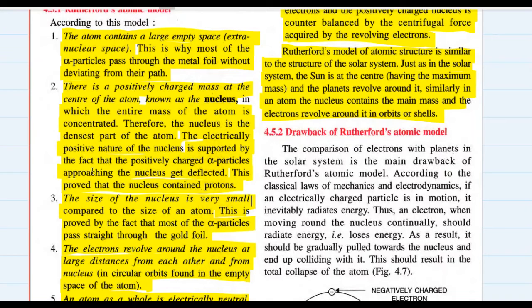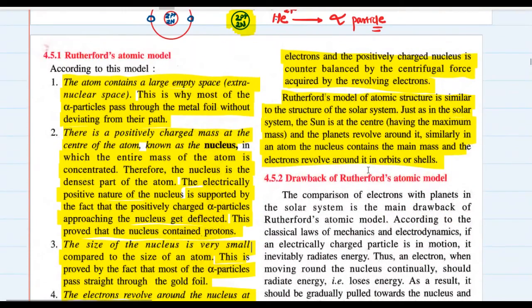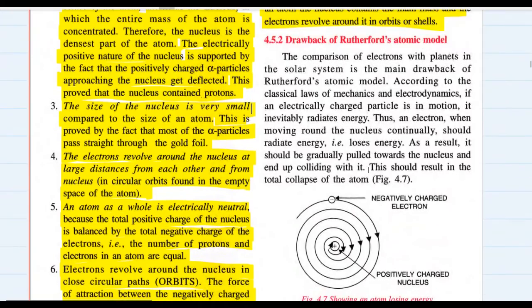And the second drawback is with the stability of the atom, the stability of the structure of the atom. He suggested that the electrons will keep on revolving around the nucleus and the atom will be stable. So more information, or more experimental proof, was not given regarding the stability of the atom. So these are the drawbacks of Rutherford's atomic model.